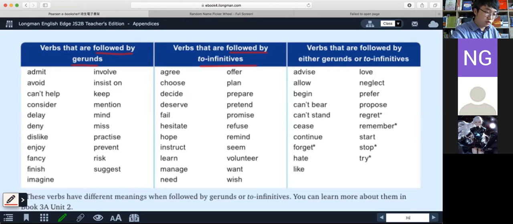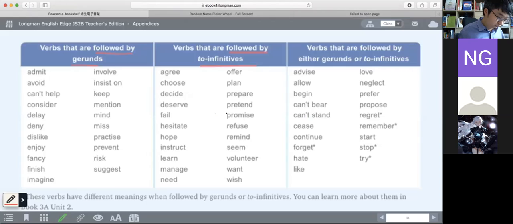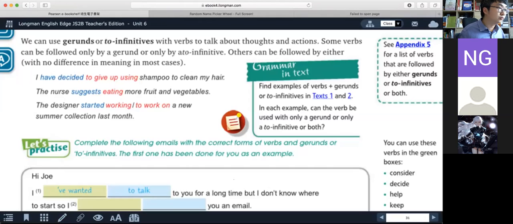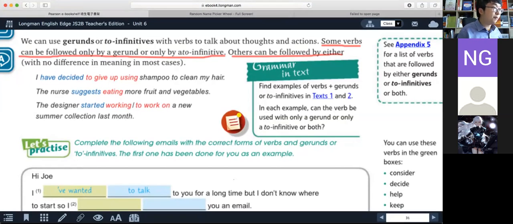Okay, so let's look at page 31 again. There are some examples, like the first one. I have decided to give up using shampoo to clean my hair.